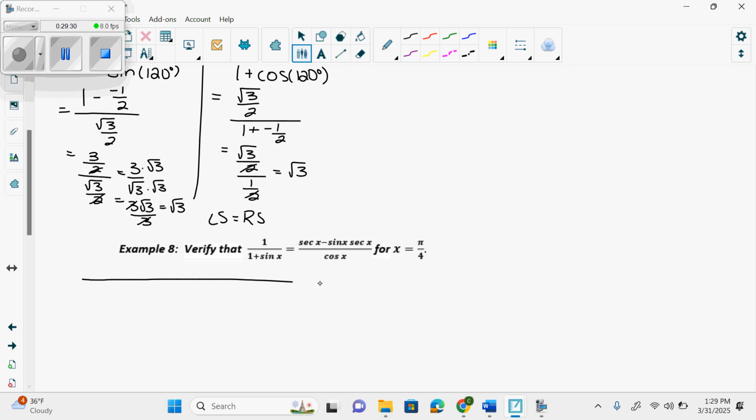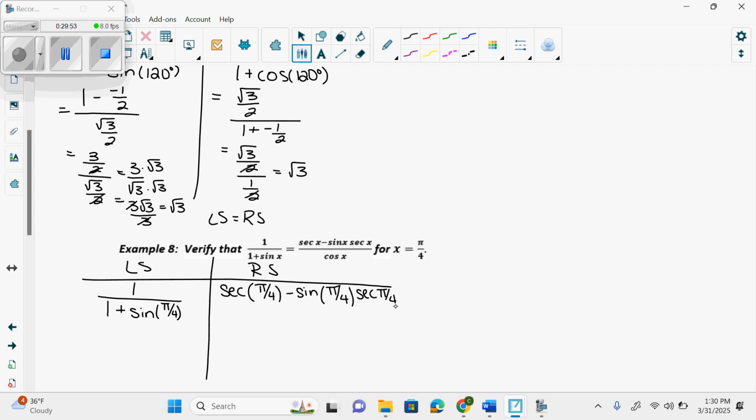Then this one, we have LS, RS, 1 over 1 plus sine of pi over 4, secant pi over 4 minus sine of pi over 4, secant pi over 4, all over cos of pi over 4.